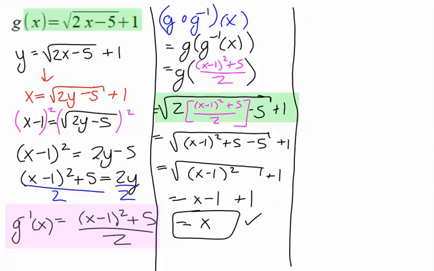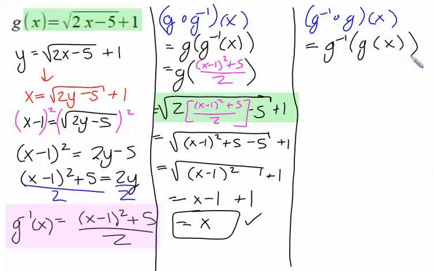One other thing needs checked, and that would be, does g inverse of g of x turn out equal to x? Well, first step is we are going to rewrite this. Then, in place of g of x, we'll write what it was equal to: radical 2x minus 5, plus 1.